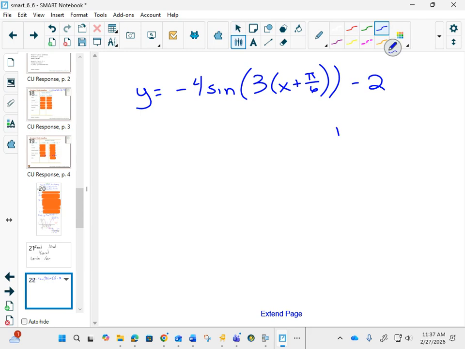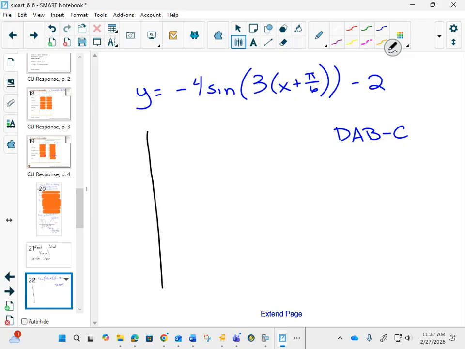So again, I'm going to write off to the side as a reminder, so I can do one section at a time. DABC. And sometimes you're going to use your D and your A values together to sort of get a sense of how you want to draw your axes. Normally when you draw axes, you draw it perfectly in the center.